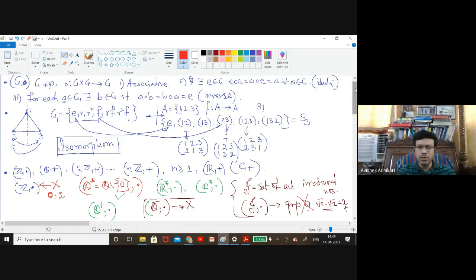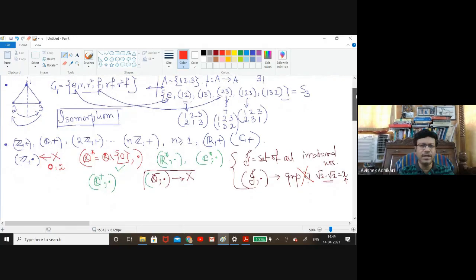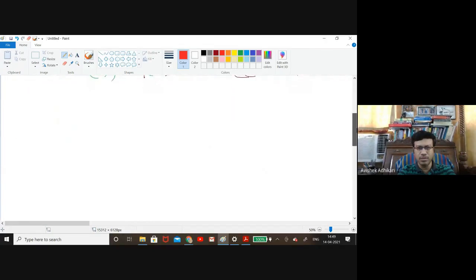Okay. So we consider all of them as infinite groups, right? So all of them are infinite groups. In my last class, I touched upon the term cardinality. So what do we mean by cardinality? For the finite case, if a set A is finite, then we can certainly count how many elements are there.